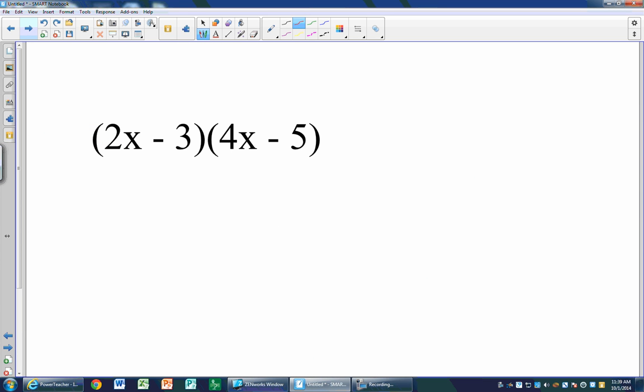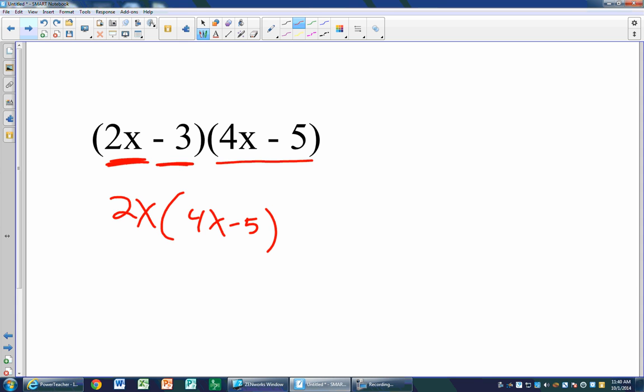The next method that I'm going to use is we're going to distribute from left to right. We're going to take the 2x, and I'm going to distribute it to 4x minus 5. So I write down 2x, and I write down 4x minus 5. Then I write -3 times 4x minus 5.